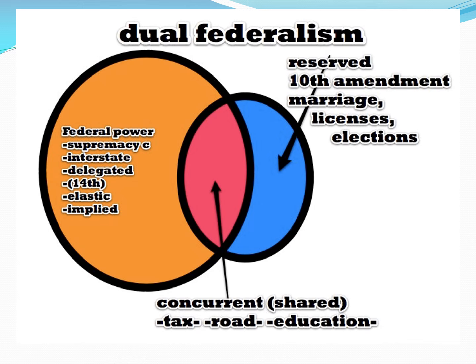So again, you see that to a large degree, like I mentioned before, the national government handled certain powers and certain responsibilities, and the states handled their local and state affairs.